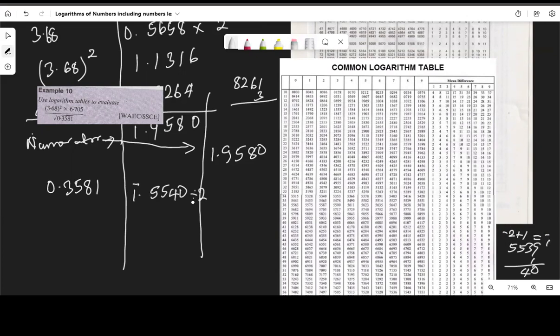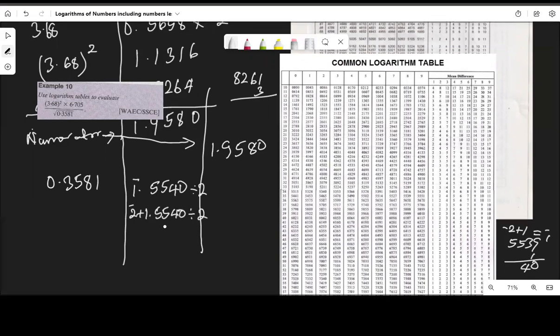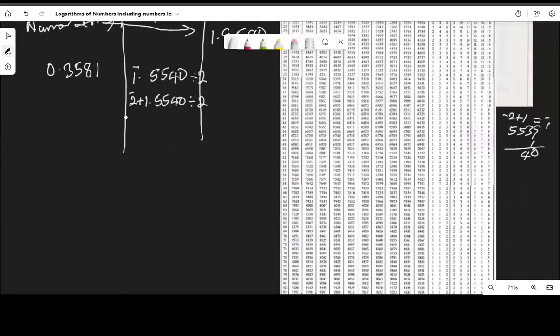And this bar 2 now is divisible by 2. So I'll write this as bar 2 plus 1.5540, then divided by 2. Bar 2 divided by 2 is bar 1. Then this positive remainder, which is 1, we take across to the positive multiple, which makes this first one 15. 15 divided by 2 is 7, remainder 1.